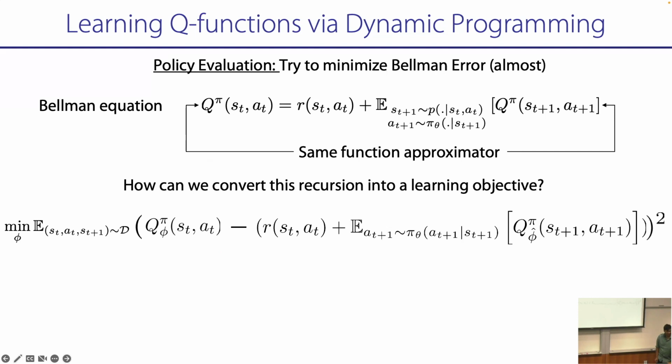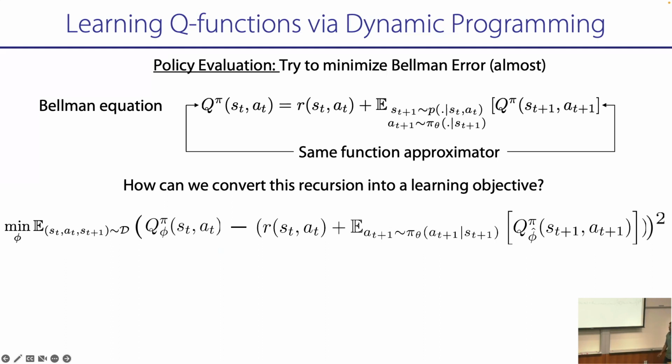And so you can formulate an objective where, given some bucket of data D, you sample tuples of transitions s_t, a_t, s_t plus 1. And you say the Q function of s_t, a_t should be as similar as possible to r(s_t, a_t) plus the expected Q function at the next state, s_t plus 1, right?